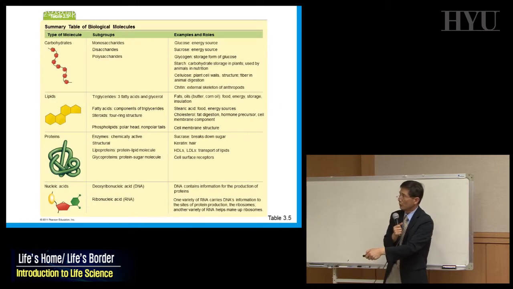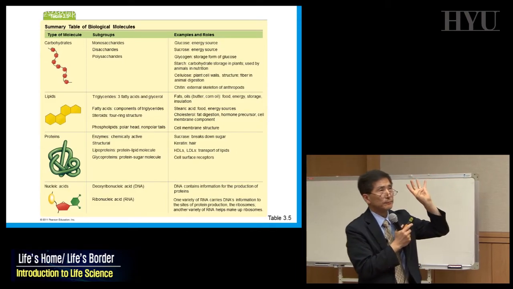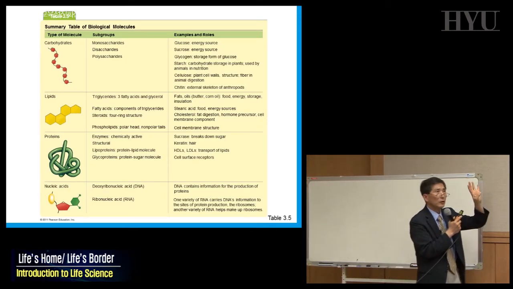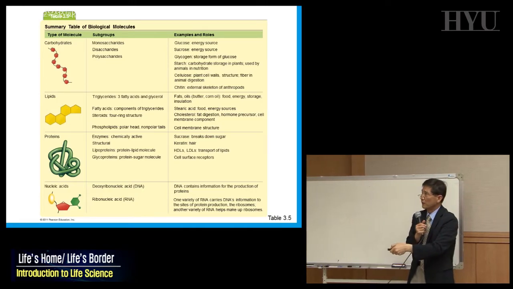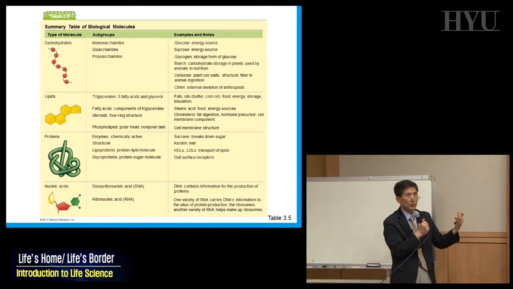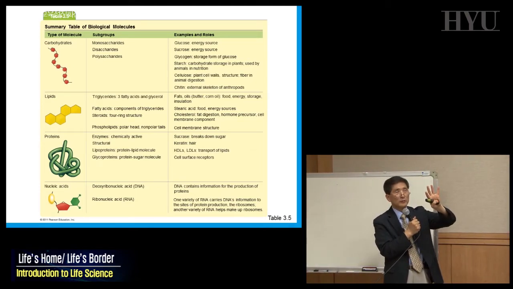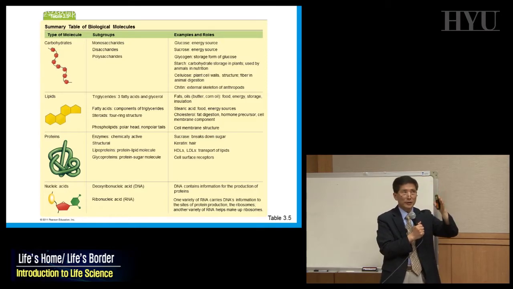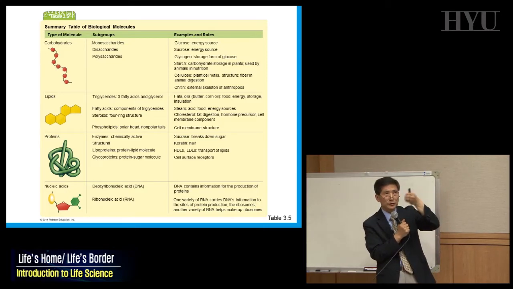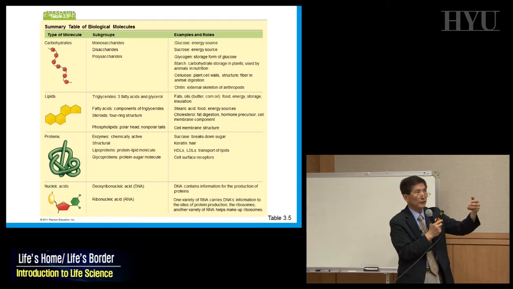Okay, so we went through 4 molecules that are important for life, okay? The first one was carbohydrate, right? We talked about 4 big carbohydrates that consist of small units, which are monomers, in this case glucose, okay? 2 of them were storage of energy.